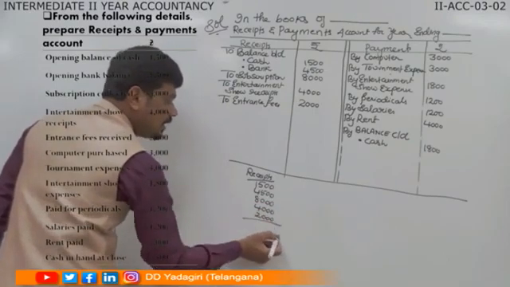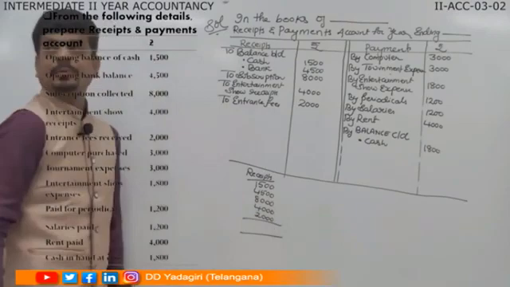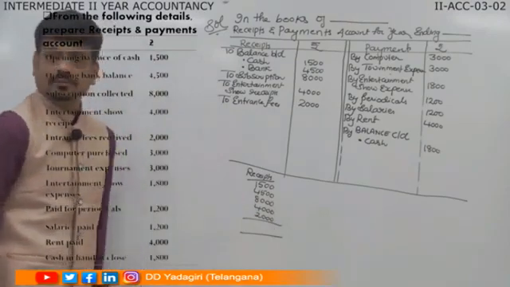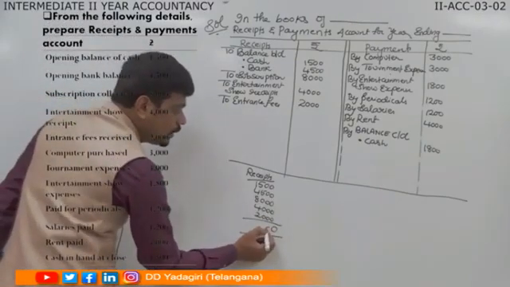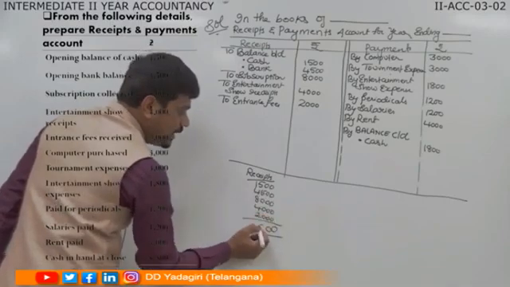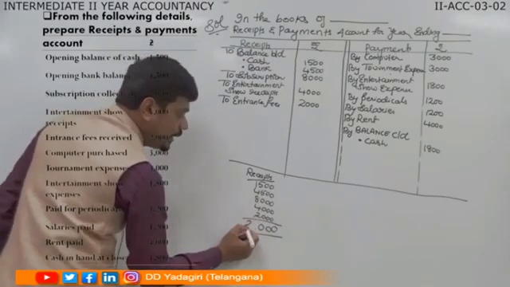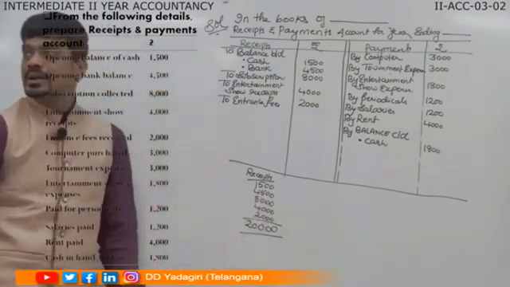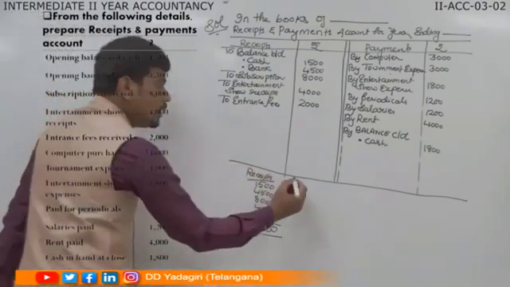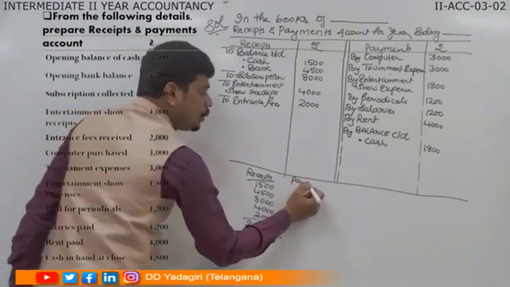While writing the figures, let us maintain the discipline of decimals, that is the position. If we add: 0, 0, 5, 5, 10, carried 1, 3, 7, 15 plus 5, 20. So total of receipt is 20,000. Next to that, we'll do payment total.